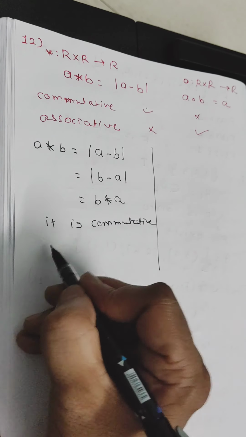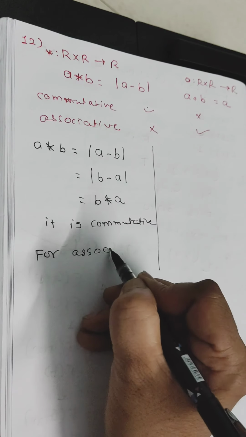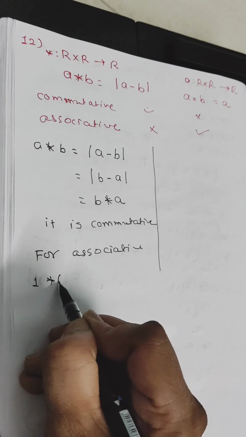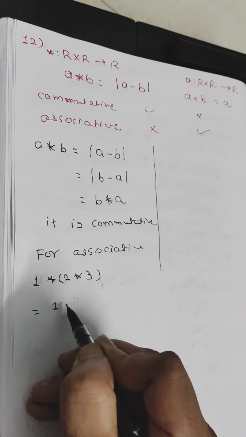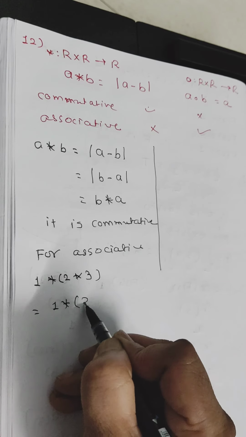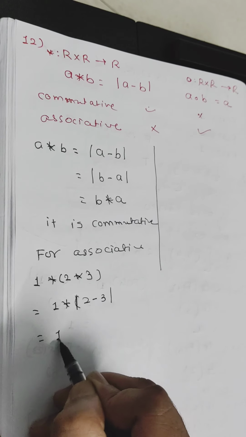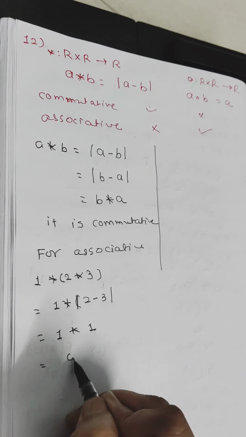Now for associative, 1 binary operation 2 binary operation 3 is equal to 1 binary operation modulus 2 minus 3, that is 1 binary operation 1. So answer is 0.